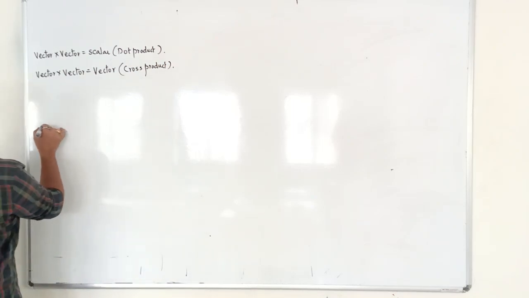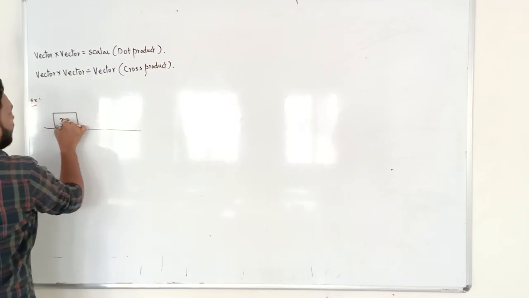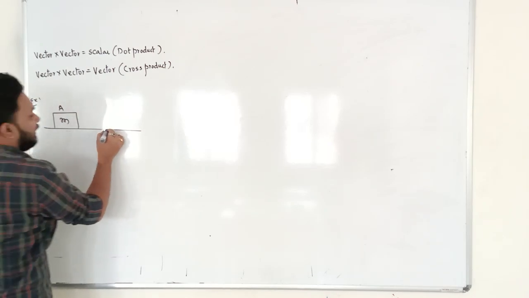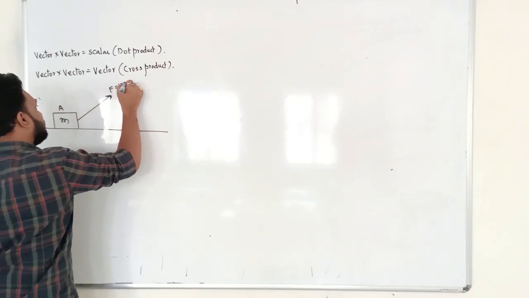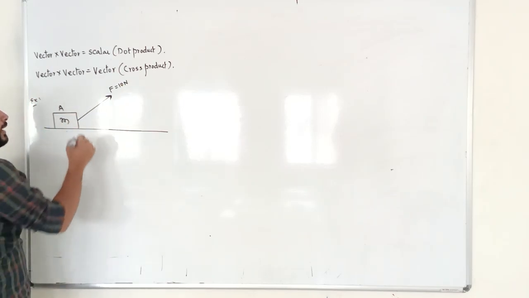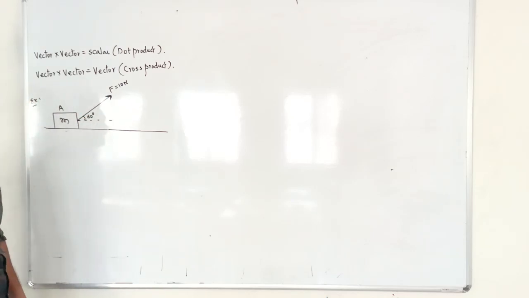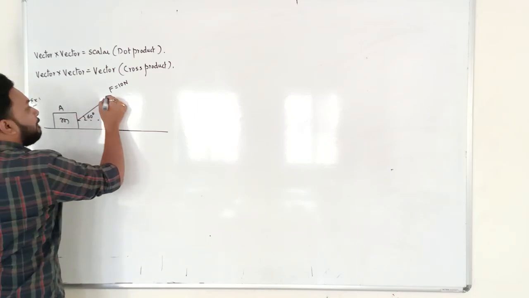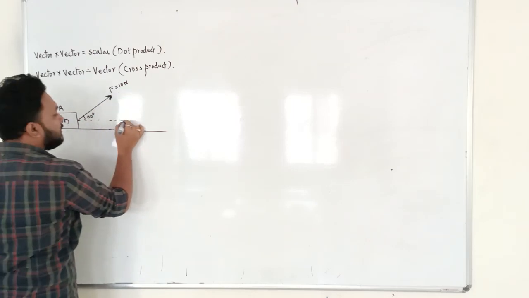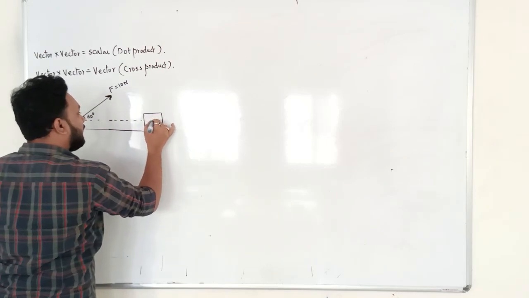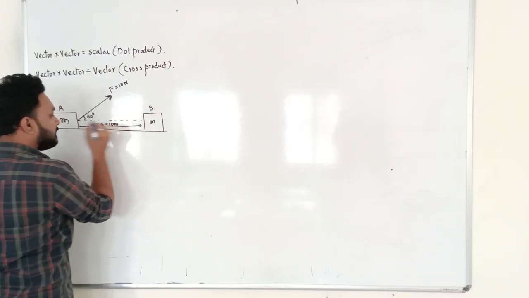See here, let's say there is a block at point A. A force F of 10 Newton is applied in this direction making an angle of 60 degrees. The block moves in a straight line to point B, a displacement of 10 meter.